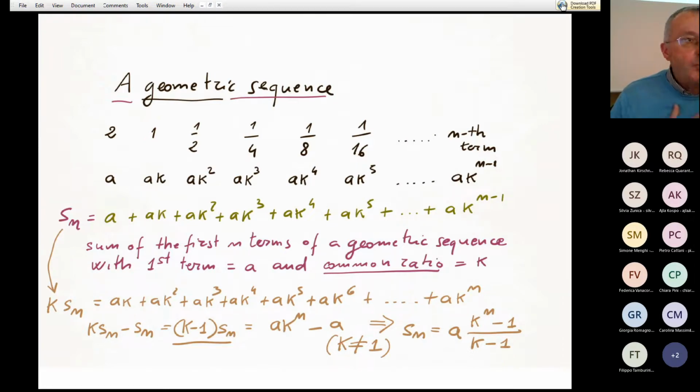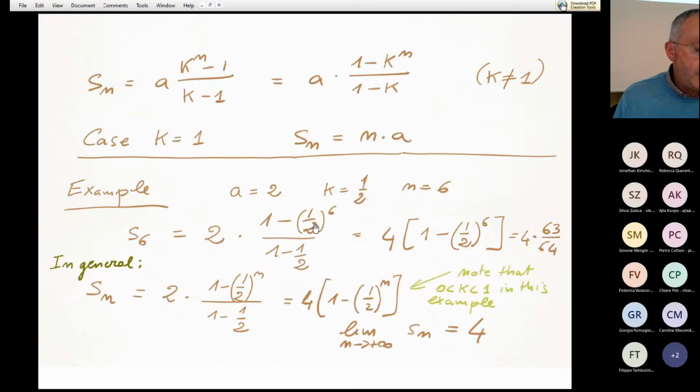I usually personally use this one when the common ratio is larger than 1. In this way, I have positive quantities in both the numerator and the denominator. And when k is smaller than 1, in modulus, I use 1 minus. So here I use 1 minus because the common ratio is 1/2.